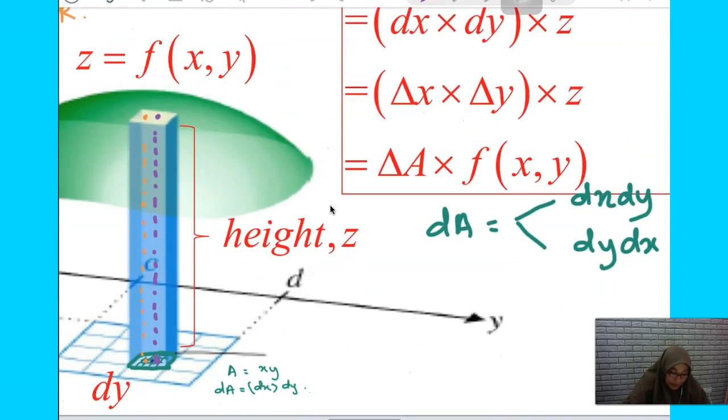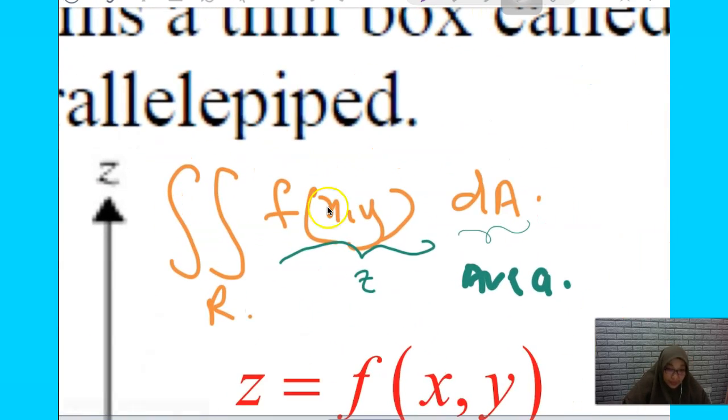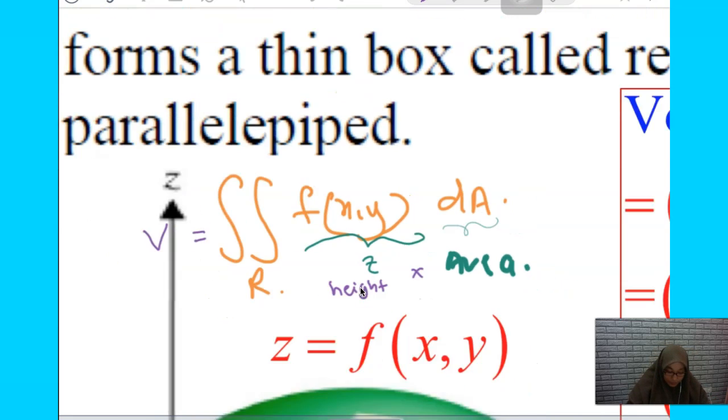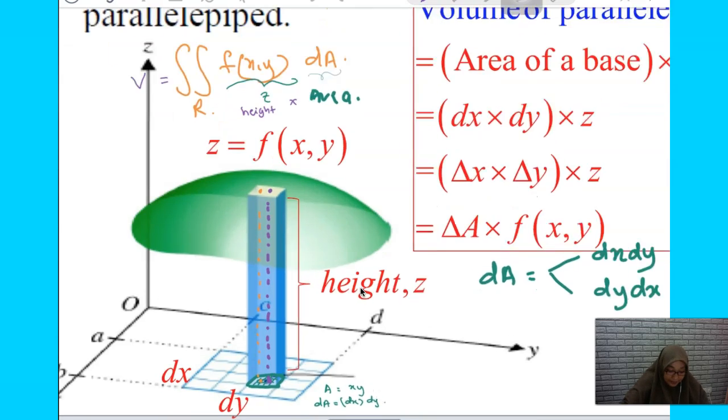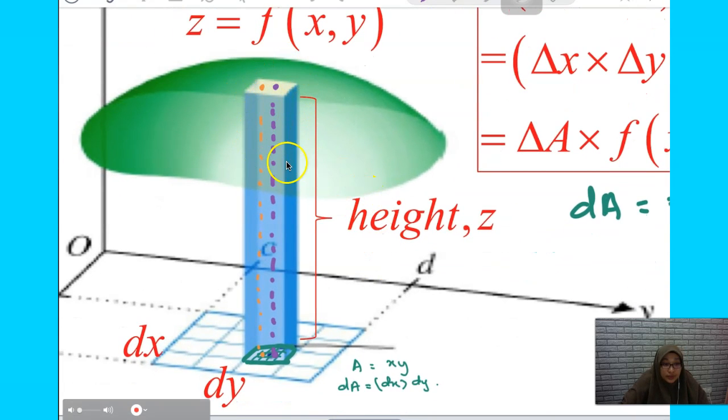So if we go back to the double integral here, when you have the height, multiplied by the area, the answer is volume. Volume of what? Volume of this solid, the blue solid here.